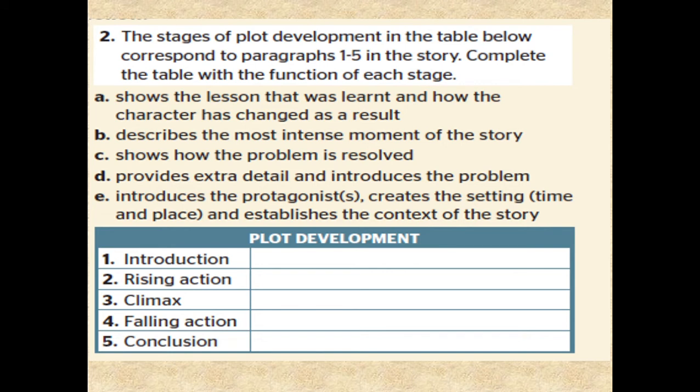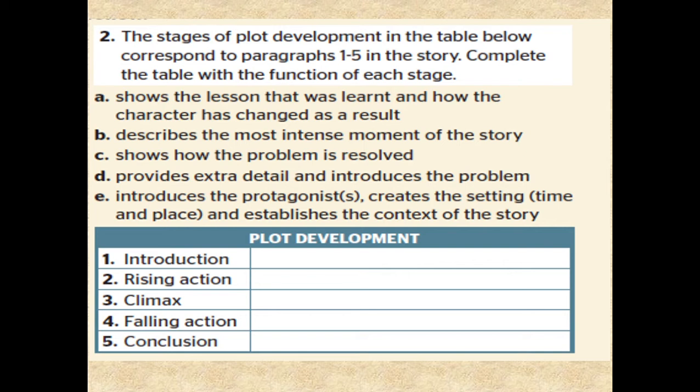Exercise C, part 2. The stages of plot development in the table below correspond to paragraphs 1 to 5 in the story. Complete the table with the function of each stage. A shows the lesson that was learned and how the character has changed as a result.